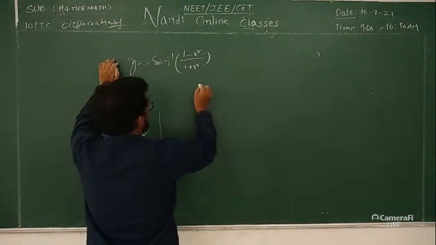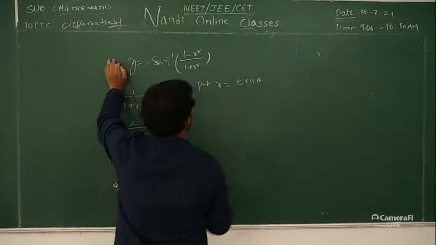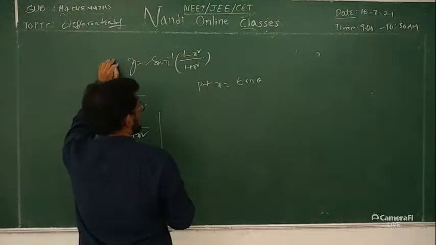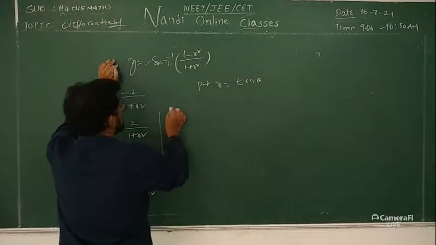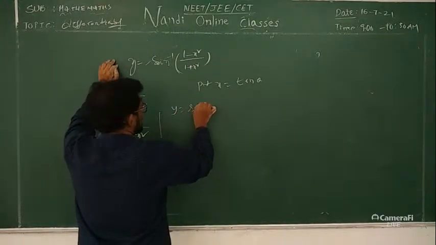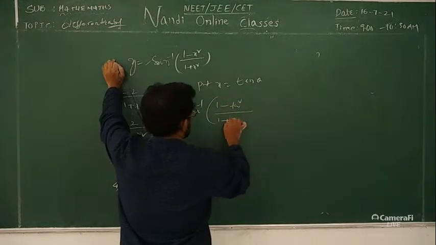Simple thing, put x is equal to tan theta, then what will happen? Y is equal to sine inverse of (1 minus tan square) by (1 plus tan square).